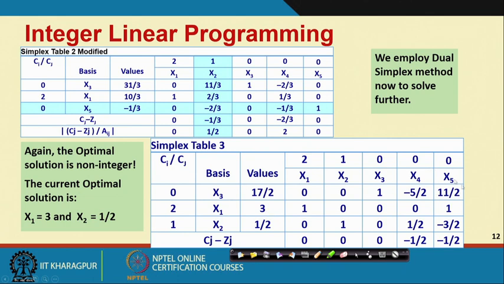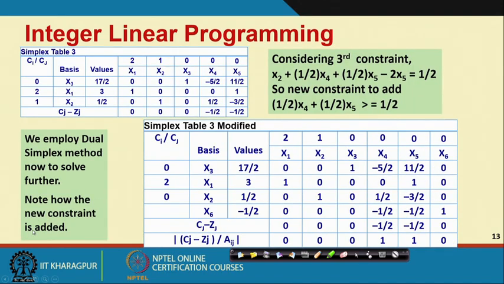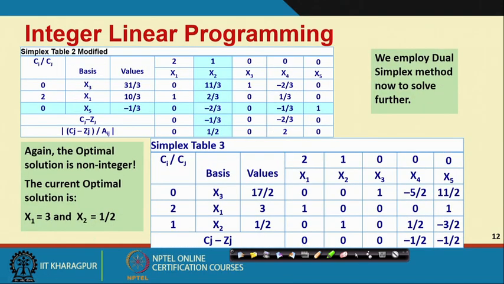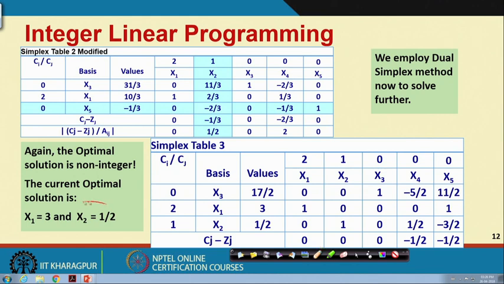By solving with the usual simplex, we have found x1 equal to 3 and x2 equal to half. Recall that this was our next point, right. So, this is the next value that we have found.